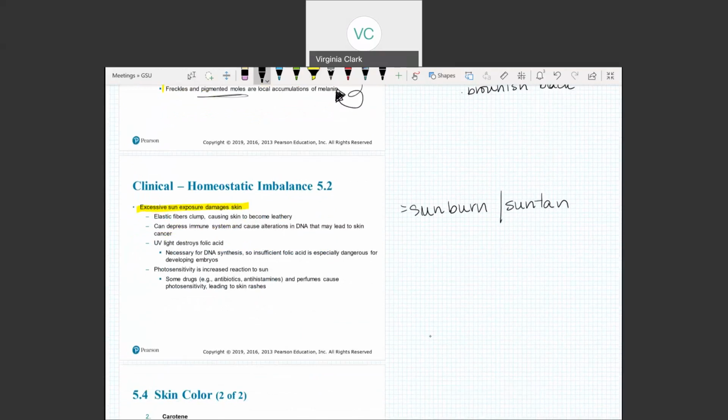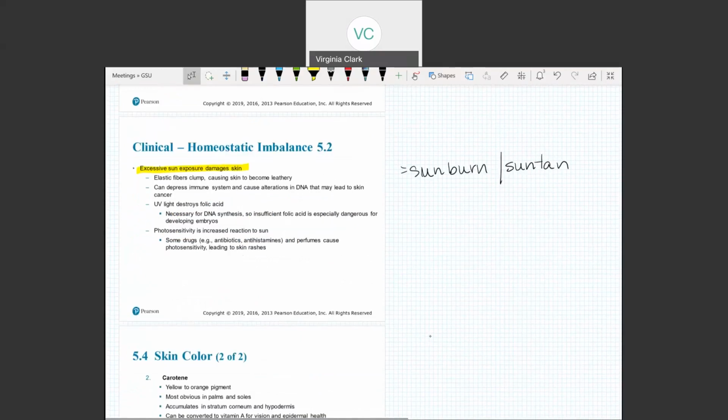You have essentially had excessive sun exposure and you have damaged your skin. So really what you're actually doing is you have created this process on hyperdrive. And as you're doing this process on hyperdrive, you essentially are creating more melanin.